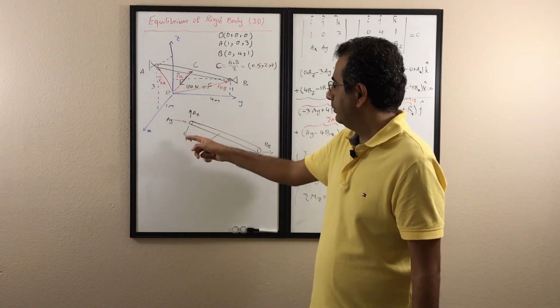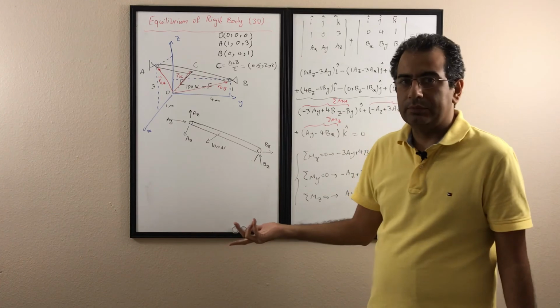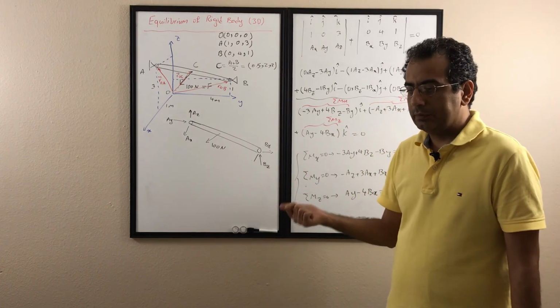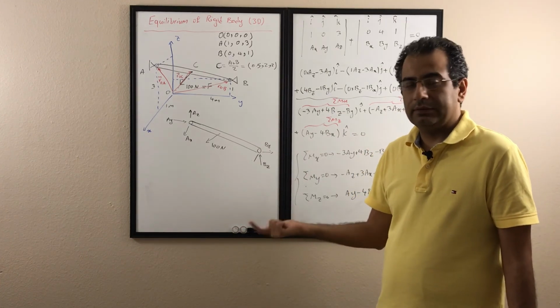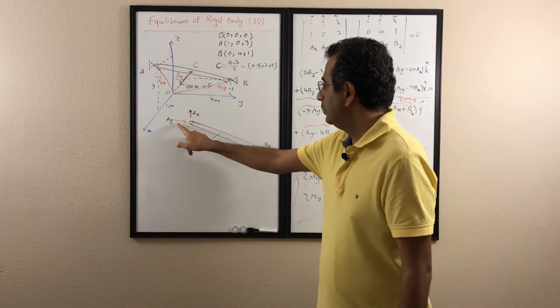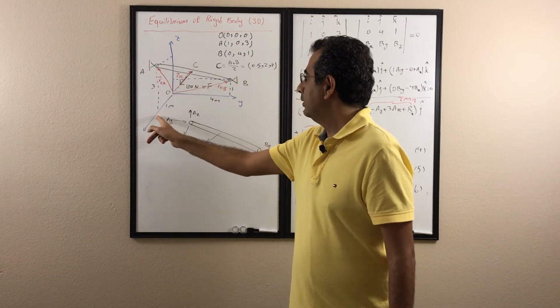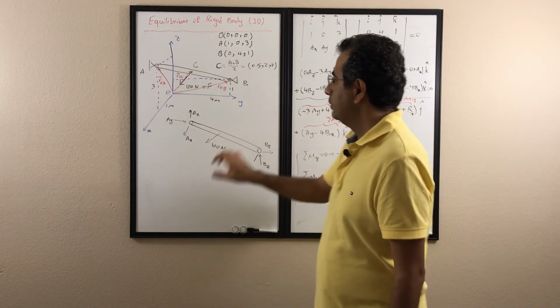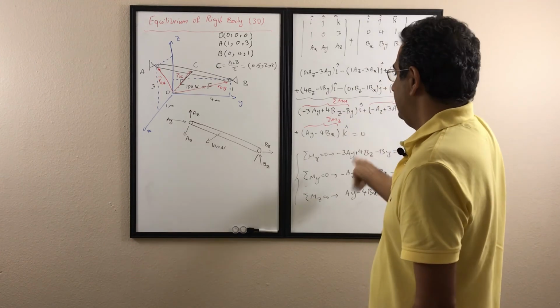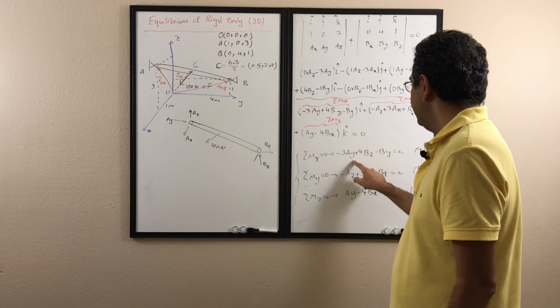Az intersects the x-axis, again doesn't produce any moment. Remember, if the force is parallel to or intersects an axis, it doesn't produce any moment about that axis. So the only one that produces a moment is Ay, and its distance to x is 3. If you look at that, it rotates such that my thumb is going toward the board, so it's negative, so we get negative 3 Ay.